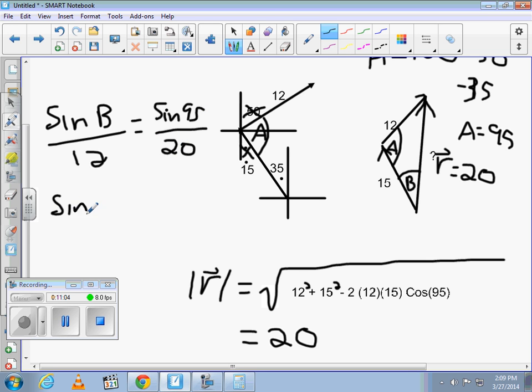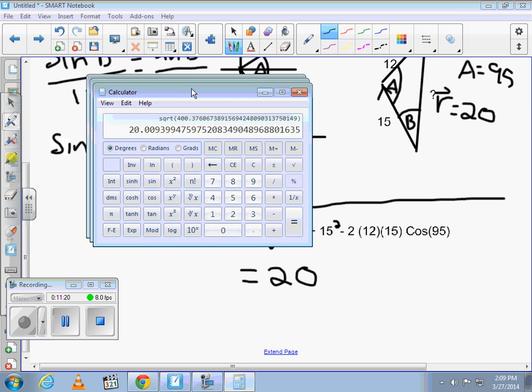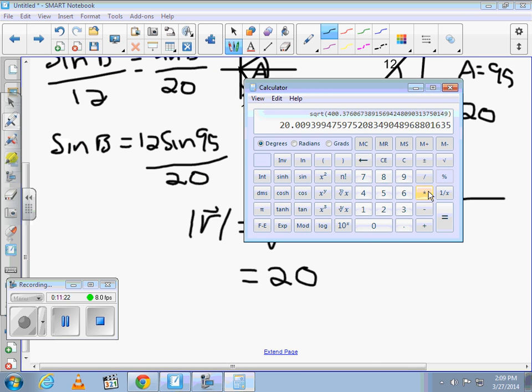So the sine of B is going to be equal to 12 times the sine of 95 over 20. So we take 12 times the sine of 95 and we divide that by 20.